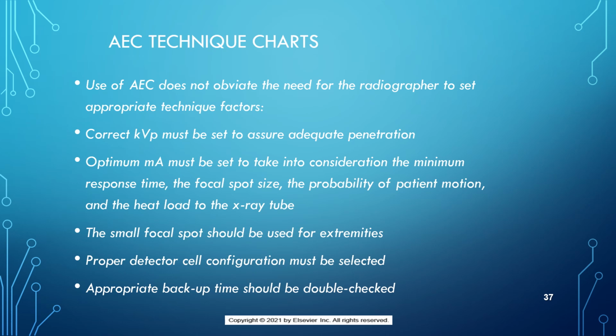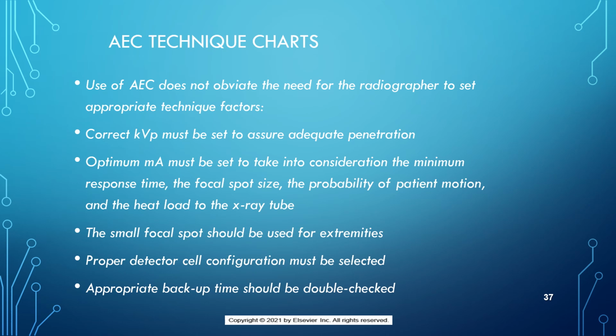As soon as the minimum response time is like 1/10 of the total exposure time, you really should be converting to a manual technique. Focal spot size should not be ignored when you're using AEC. You should be using a large focal spot size through the torso.